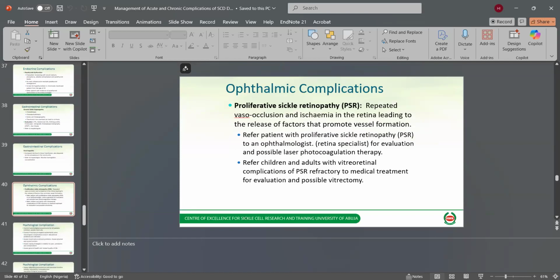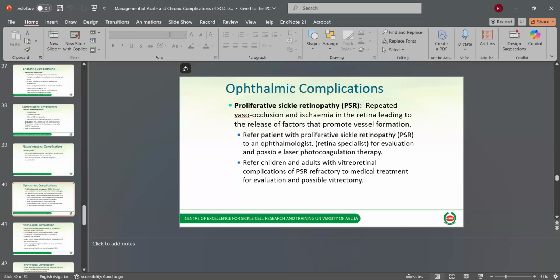Then patients can also have ophthalmic complications, which include proliferative sickle retinopathy, and this is usually due to repeated vaso-occlusion and ischemia in the retina, leading to the release of factors that promote vessel formation.